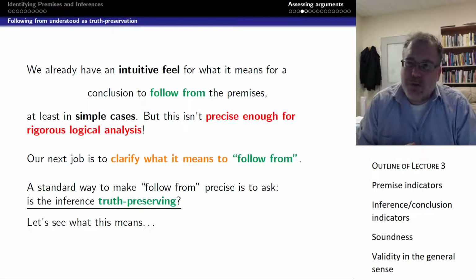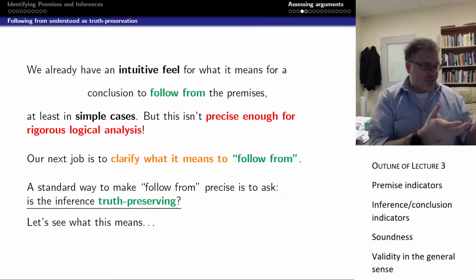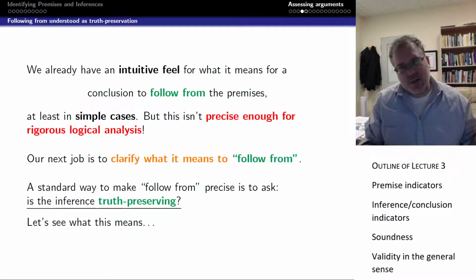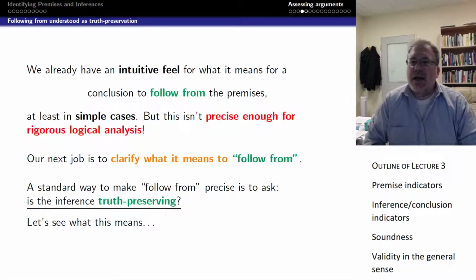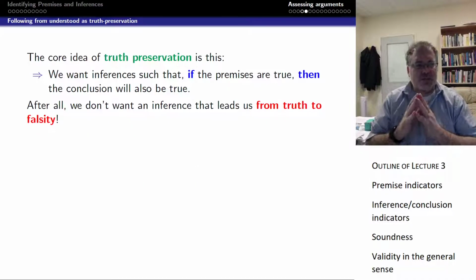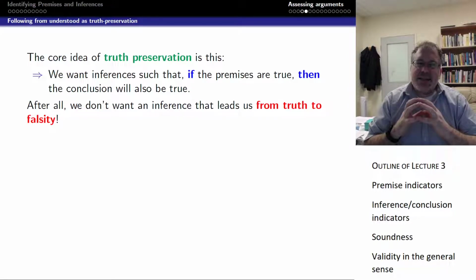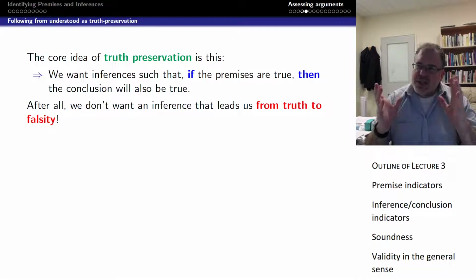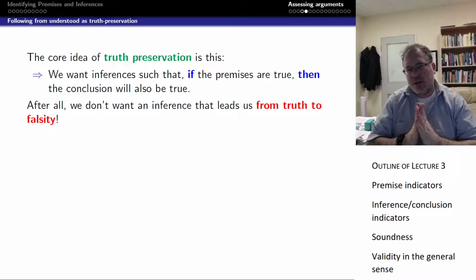But if we start from true premises and we end up with a false conclusion, truth is not preserved, right? So when truth is not preserved, it's clear that the conclusion does not follow from the premises. So let's talk a little bit more about what it means for truth to be preserved. It says that, as I just said, if the premises are true, then the conclusion will also be true.